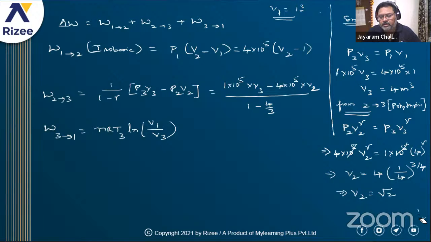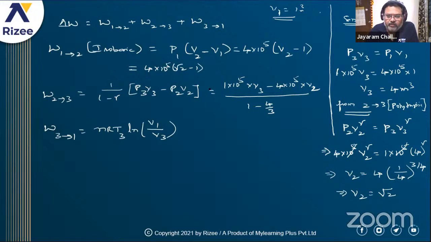I'm erasing this particular. So now we have got the V2 in this section. Let's go for the volumes or the work done in every stage. So now the work done in the first stage, first to second stage, is 10 to the power of 5 times root 2 minus 1. Now here, the 3 minus 1 will be here. So that will be equal to, so 3 will be going to the numerator.